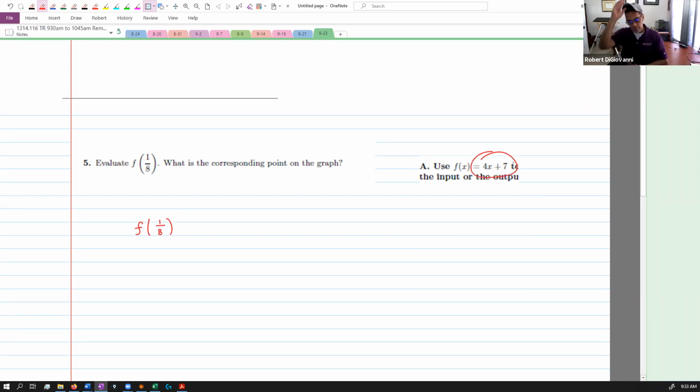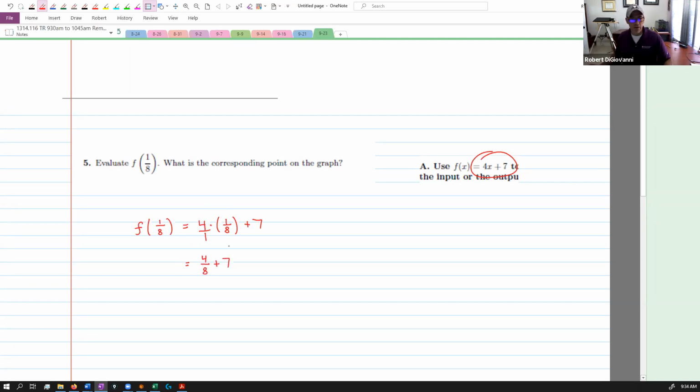So all you're going to do is replace the x with 1/8. So that would become 4 times the 1/8, and then plus 7. And then you can look at that as 4 over 1, and then just multiply straight across. So you get 4 over 8 plus 7.